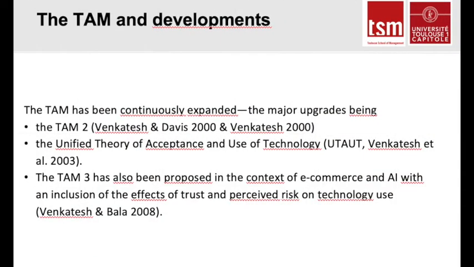The TAM has been continuously expanded. The major upgrades being the TAM 2, the unified theory of acceptance and use of technology. The TAM 3 has also been proposed in the context of e-commerce and artificial intelligence with an inclusion of effects of trust and perceived risk on technology use.